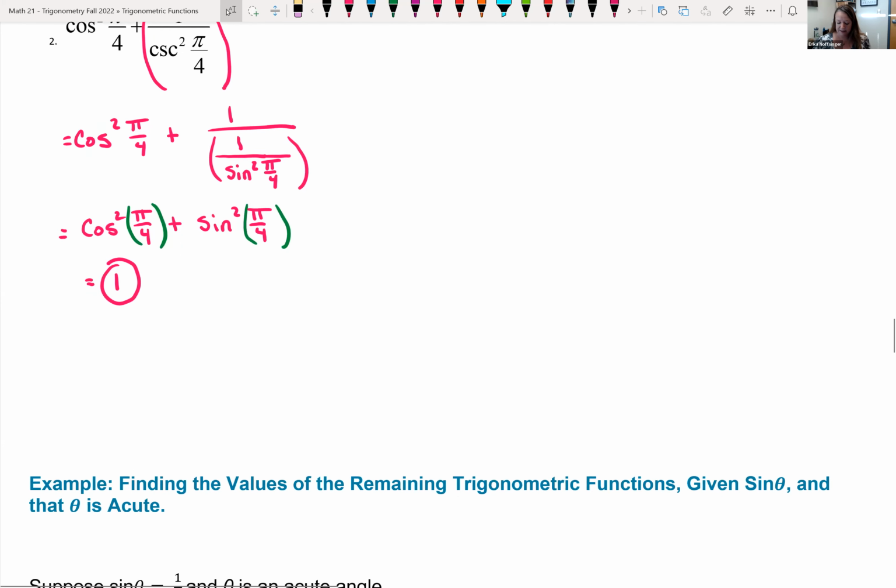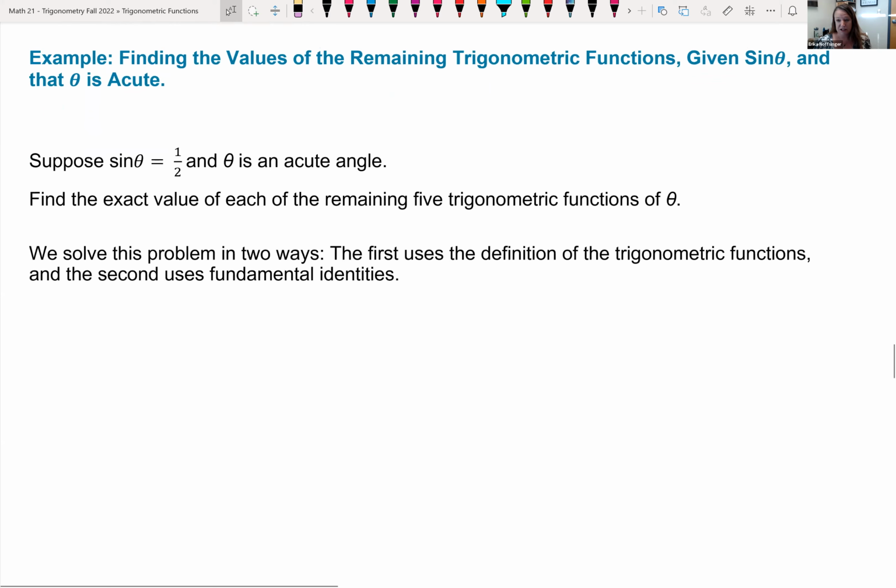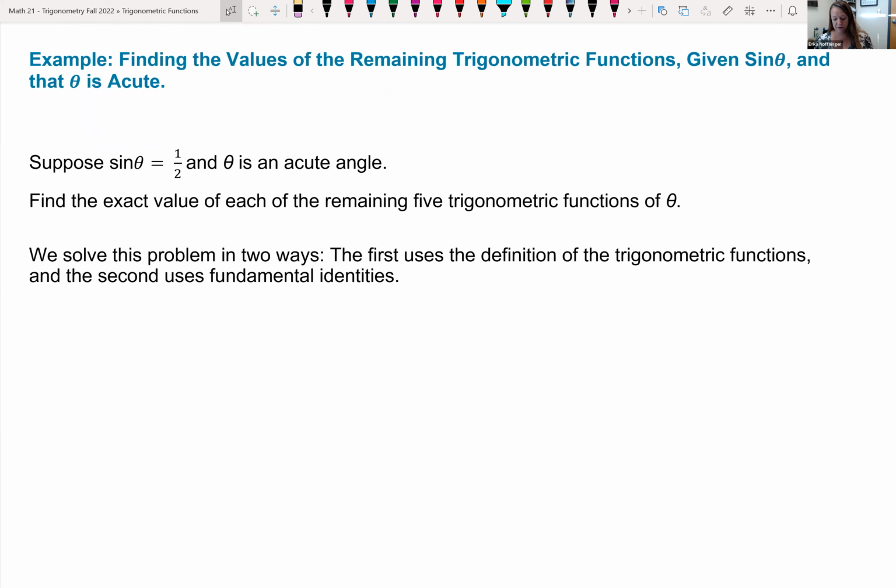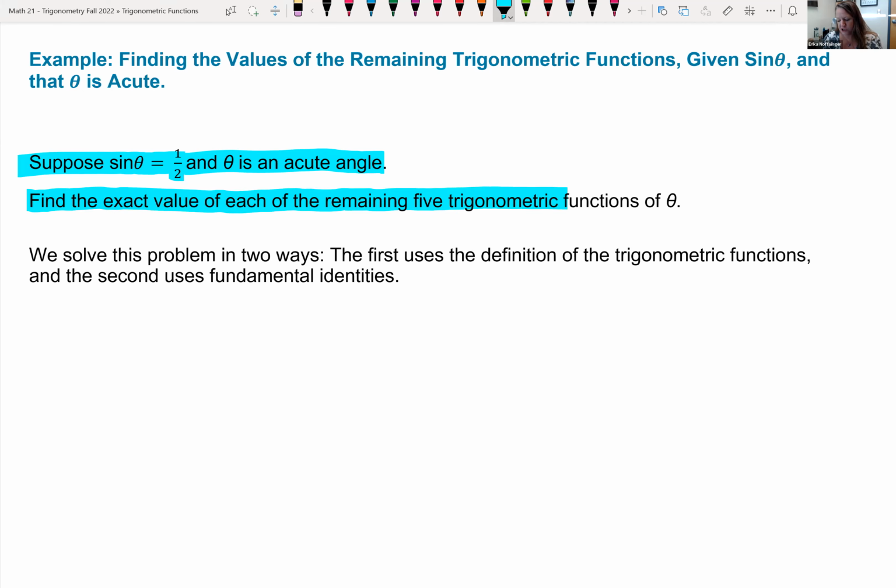Let's look at the following example, and let's look at it doing it 2 different ways. So suppose that sine theta is equal to 1/2. Again, theta is an acute angle. And we want to find the value of each of the remaining 5 trigonometric functions for theta.